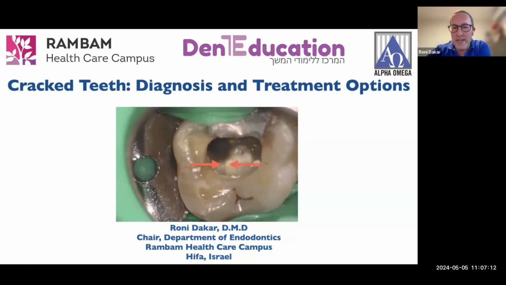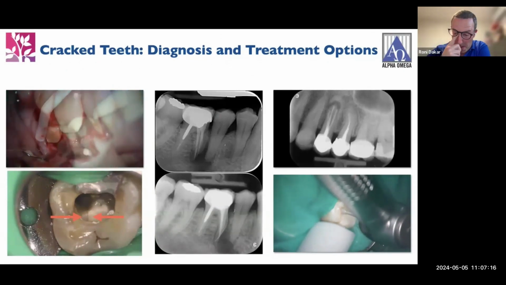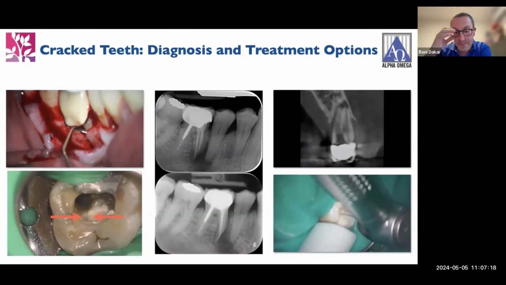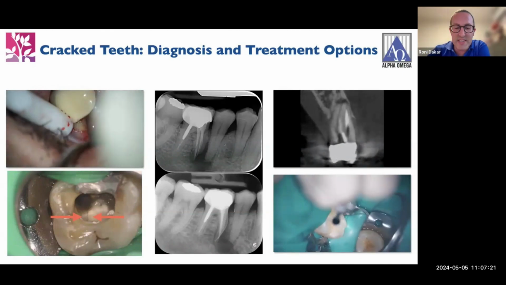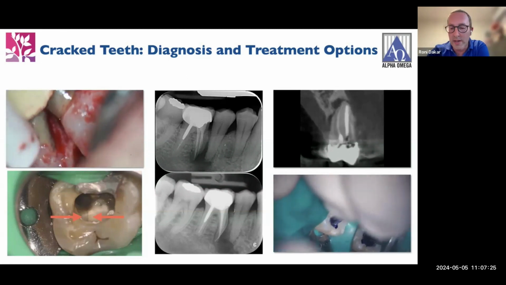I will briefly describe the next slide. What you see in the slides demonstrates the challenges in diagnosing very well.